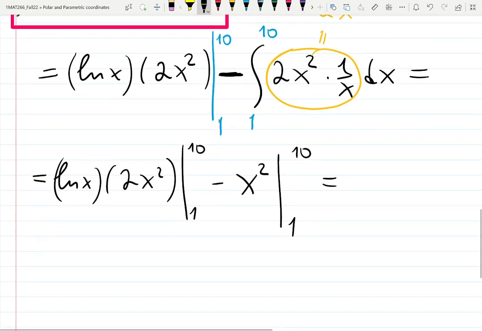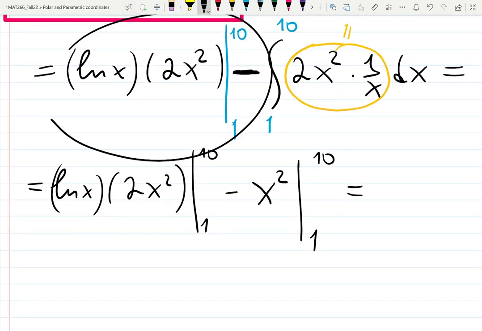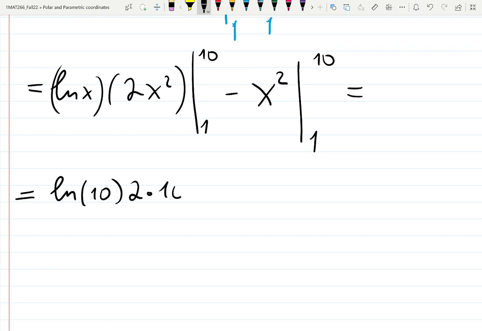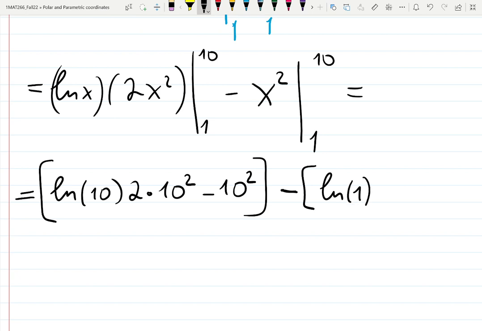Some people like to do that, or you can first calculate this part and then integrate. Some people like to integrate and then plug in 10 everywhere and then 1 everywhere. If you plug in 10 everywhere, it will be ln of 10 times 2 times 10 squared minus 10 squared. Plug in the top, minus plug in the bottom, which is 1: ln of 1. What is ln of 1?